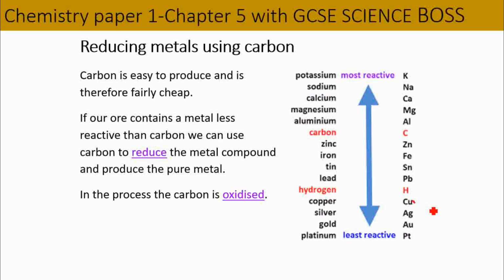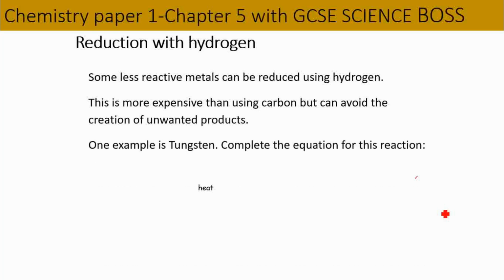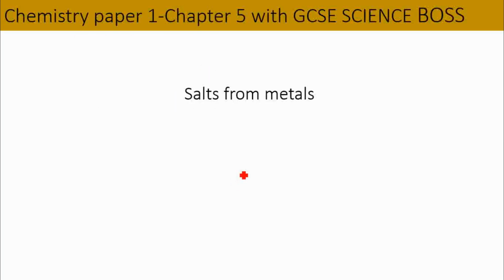So if you had something like copper oxide, you could react that with hydrogen in a displacement reaction, okay? For example, let's have a look at tungsten, which is less reactive than hydrogen. Your hydrogen can displace your tungsten to then form tungsten by itself, and water is one other product, okay? Good, so that's another reaction that can be carried out, okay?